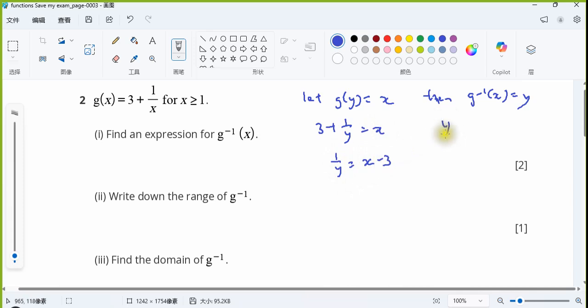So y is 1/(x - 3). Therefore, g inverse of x is 1/(x - 3). And then x cannot be 3 because x - 3 cannot be 0.